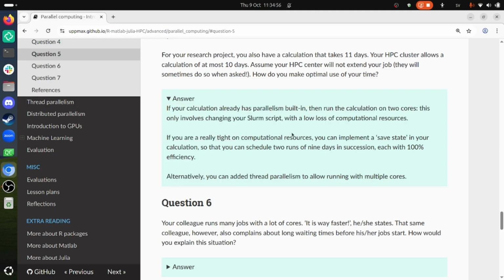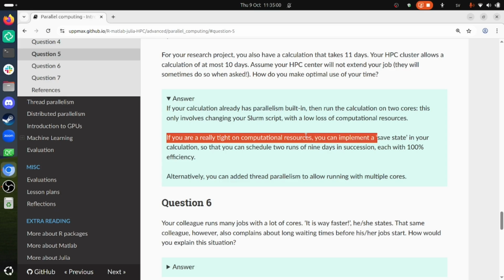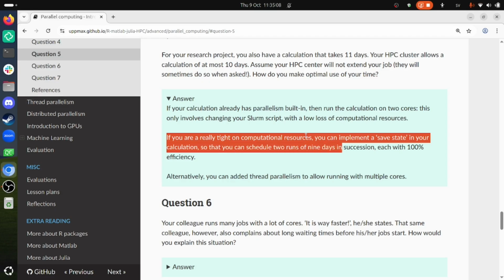If you are really tight on computational resources, then the next solution is that you implement a save state in your calculation. That means that it stops after, for example, 9 days, and then it starts another run of another 9 days, each running on a single core, and that's optimal use. But you need to program this.